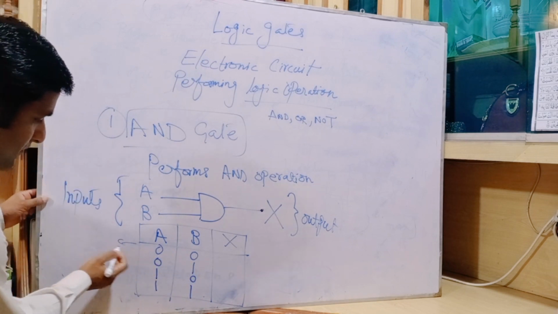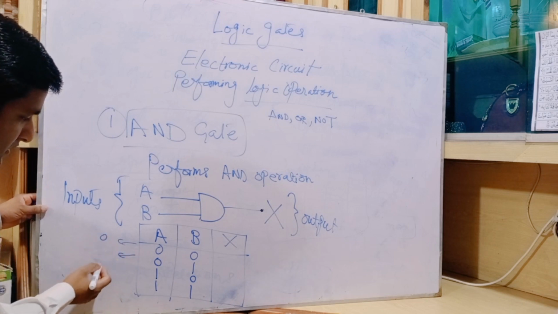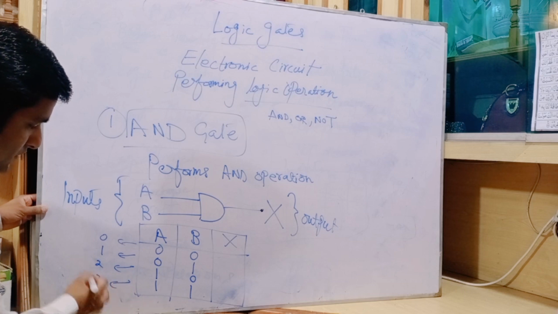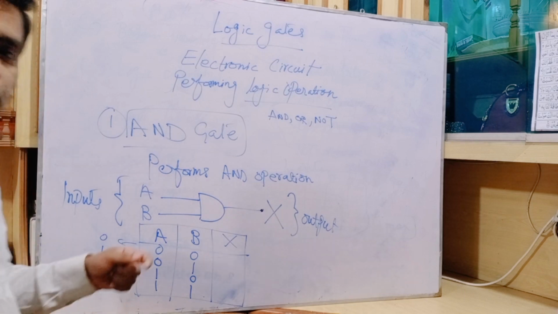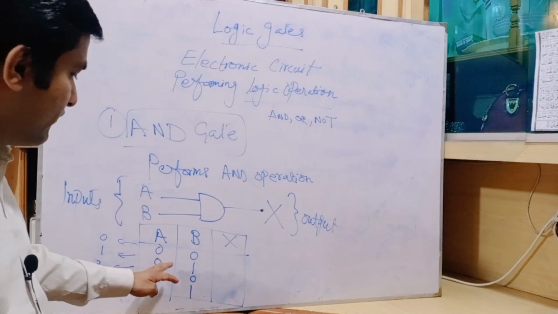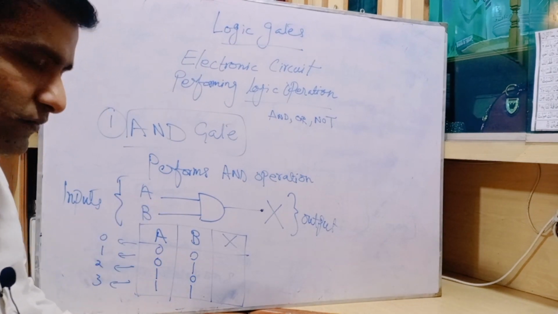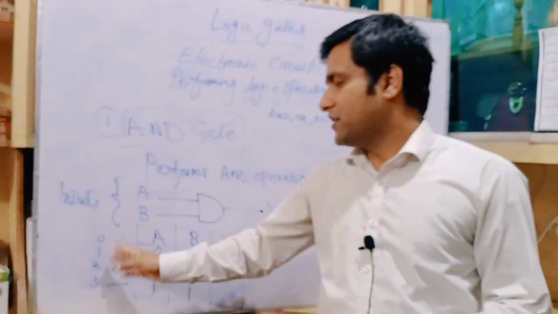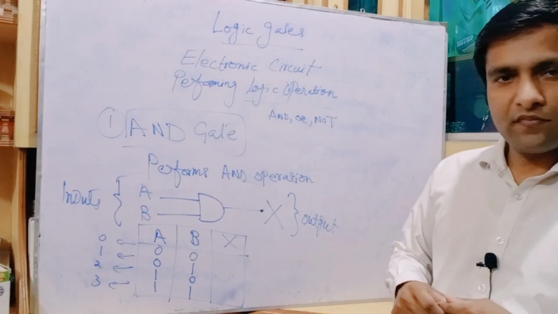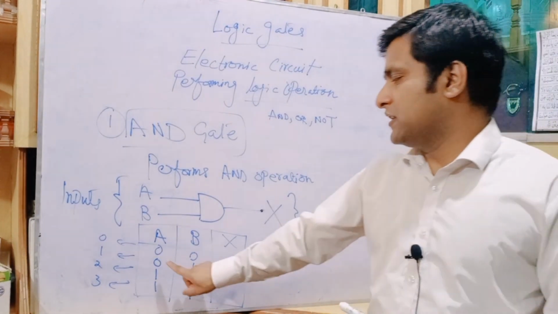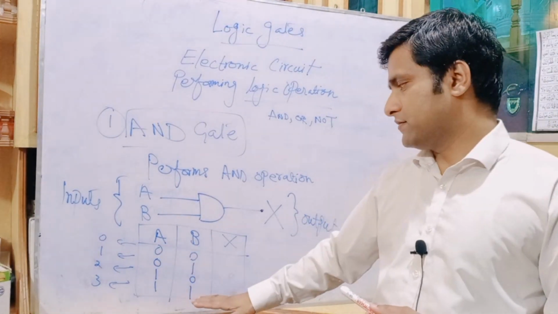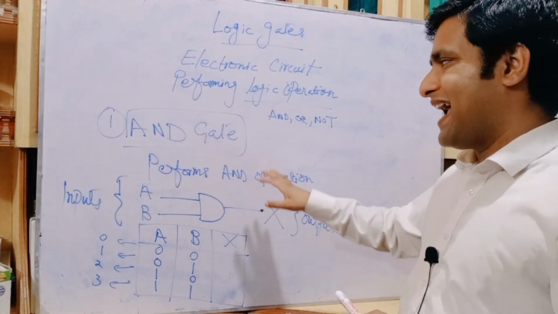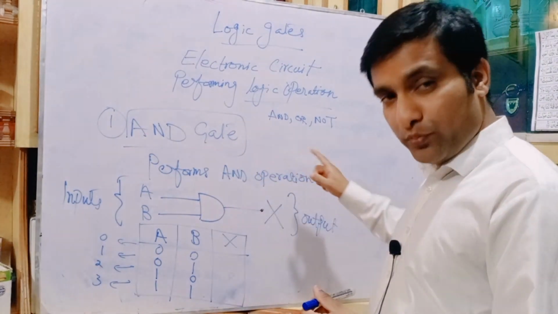This is basically 0, this is 1, this is 2, and this is 3. In binary form, we can write 00, 01, 10, 11. But in decimal form, you can write 0, 1, 2, 3 like this. So these are the possible inputs. And here we are talking about the AND gate, and the AND gate is the gate that performs AND operation.